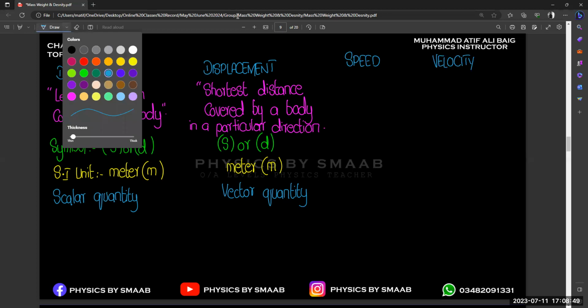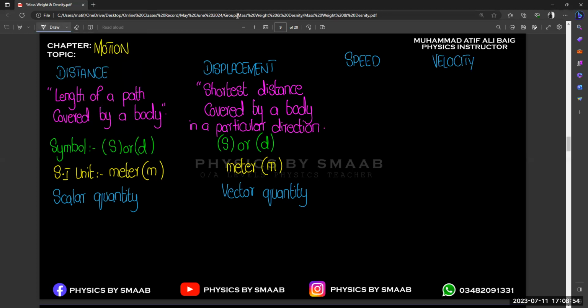When we talk about speed, the concept of speed is distance covered by a body in a unit time. Or we may write in 1 second, because the SI unit of time is second.